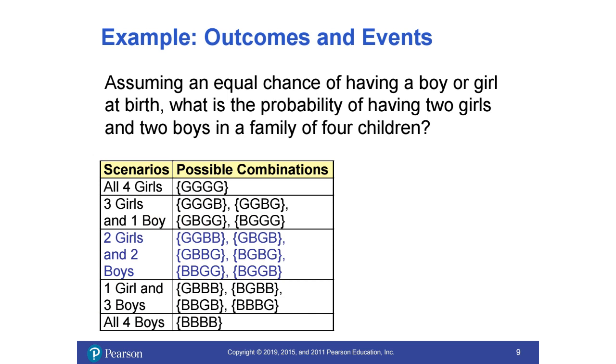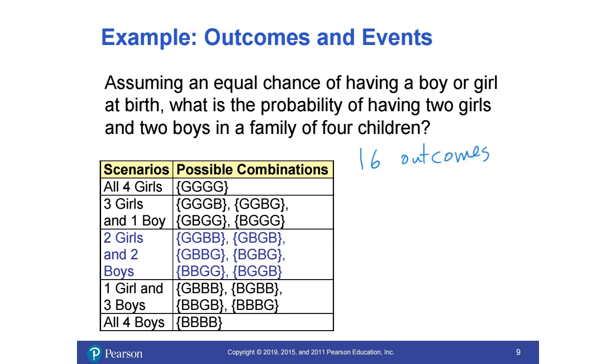There you go. So we want to find the probability of having 2 girls and 2 boys in a family of 4 children. So first of all, how many outcomes are there? 1, 2, 3, 4, 5, 6, 7, 8, 9, 10, 11, 12, 13, 14, 15, 16. So we have 16 outcomes.